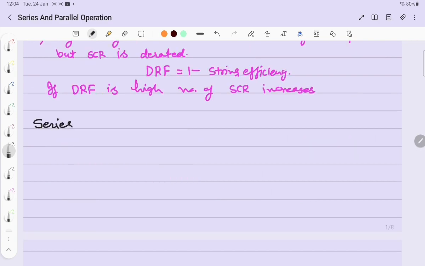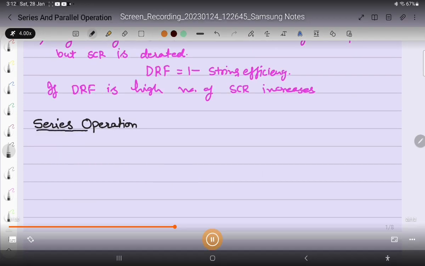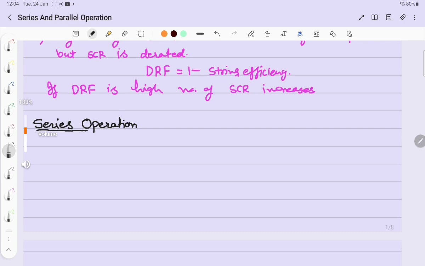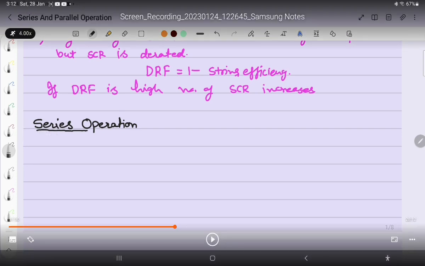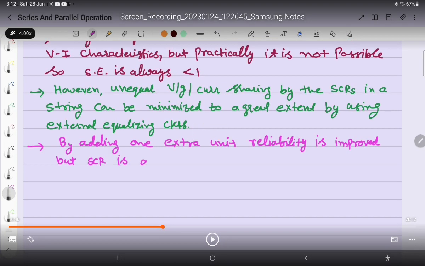Another point is this, that we must understand that unequal voltage or current sharing by the SCR in a string can be minimized by using an external equalization circuit. What does it mean?